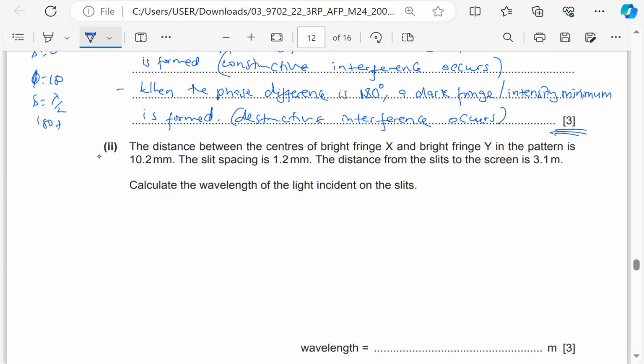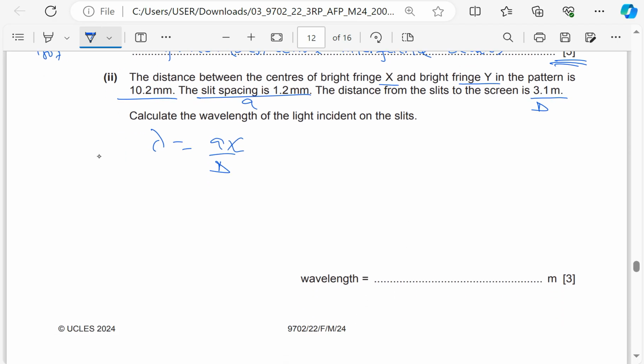The distance between the centers of the bright fringe X and the bright fringe Y is 10.2 millimeters. The slit separation, remember, is A. The distance from the slits to the screen is 3.1, this is D. To find the wavelength, we know that lambda is equal to AX divided by D. So A is 1.2 times 10 to the power of minus 3.